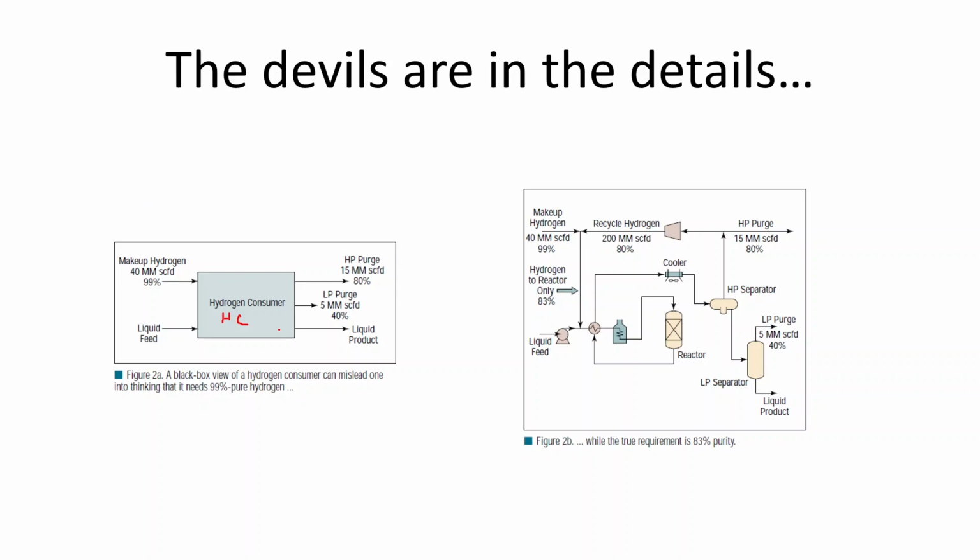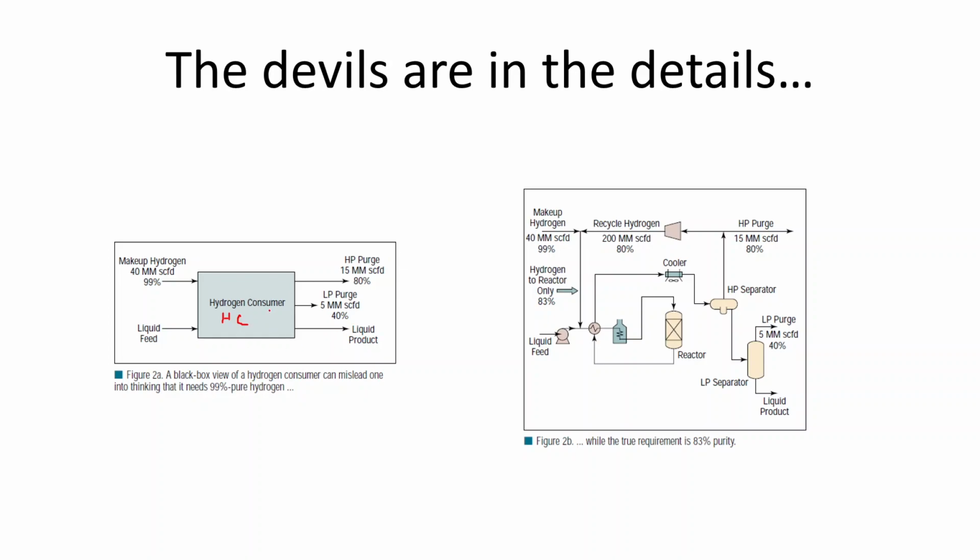If we have that unit as a black box like this, we put the boundaries and draw in and out streams, which we have to do for all kinds of unit operations in our plant. We will see there is a high pressure purge, 15 million scf at this concentration of hydrogen, and a low pressure purge, 5 million scf at 40%, and then a liquid product.